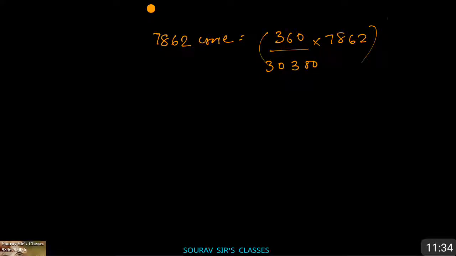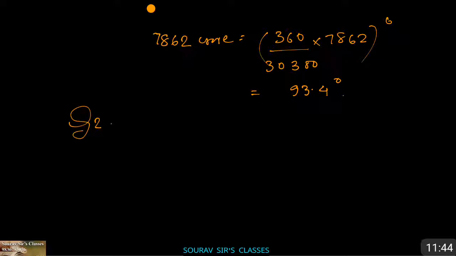So 7862 crore is equal to 360 divided by 30300 into 7862 degrees, which is equal to 93.4 degrees, which is the answer.